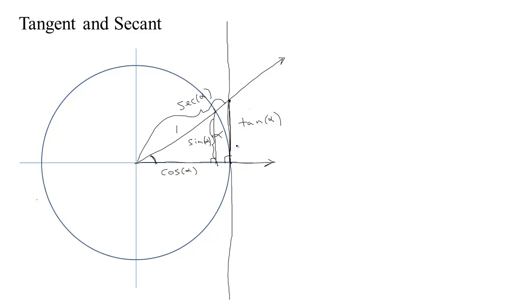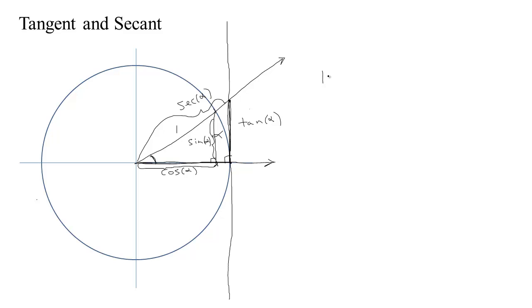Now, one thing we know about similar triangles is that ratios of corresponding sides are the same. So for example, if I take the ratio of this upright side to the horizontal side on the big triangle, since this is the unit circle, this length is equal to 1, right? The cosine is just that length there.